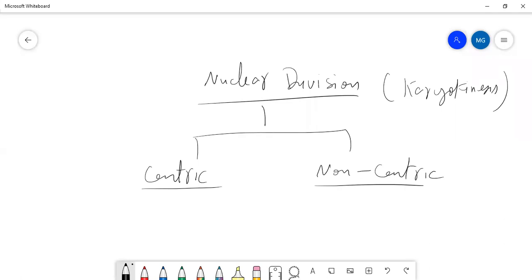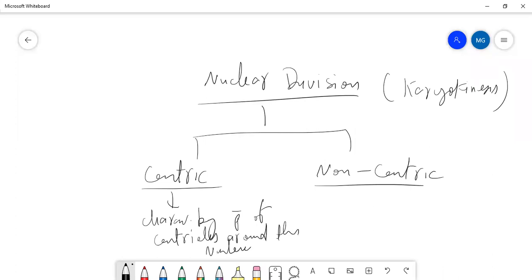It involves centrioles, it is characterized by the presence of centrioles around the nucleus. Is this very clear?